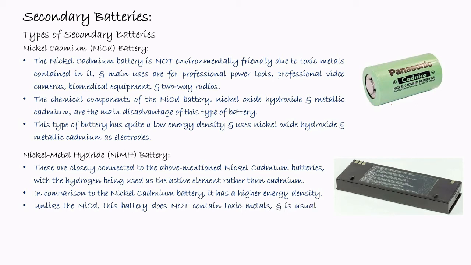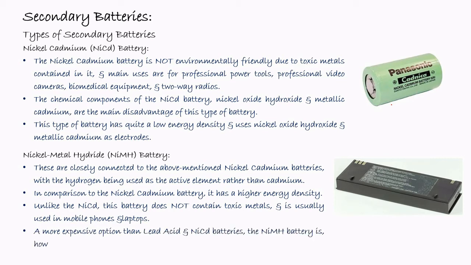Unlike the nickel cadmium, this battery does not contain the toxic metal and is usually used in mobile phones, laptops, etc. A more expensive option than lead acid and nickel cadmium batteries. This battery is, however, kinder to the environment. That means it is less harmful for the environment.